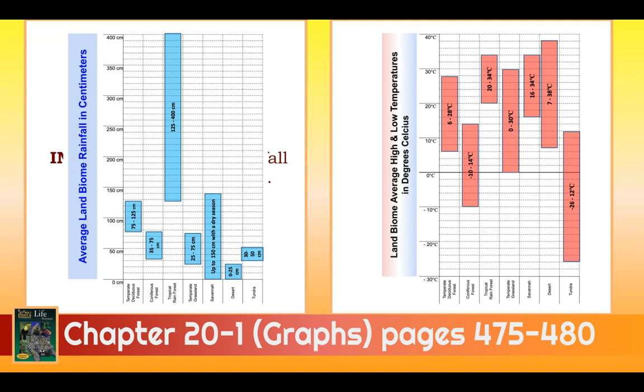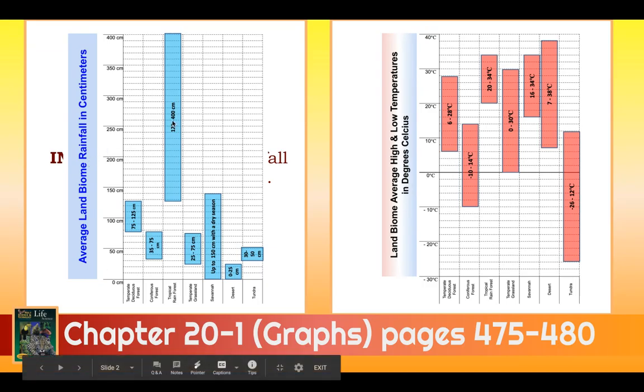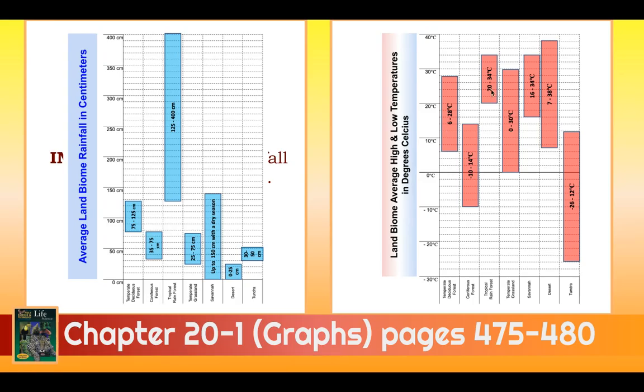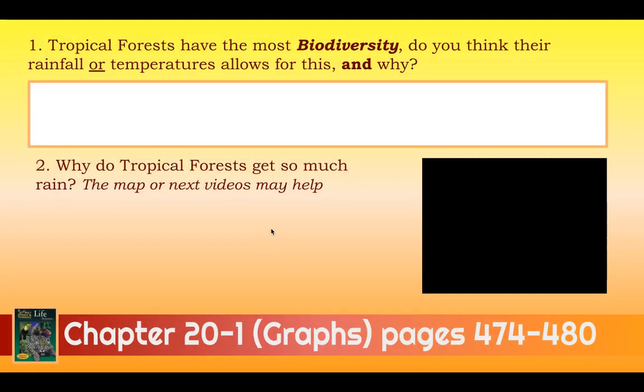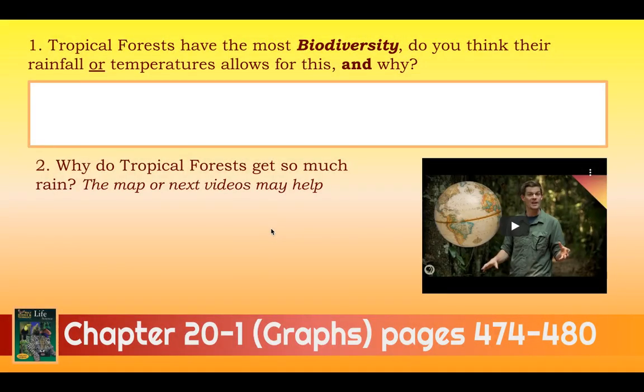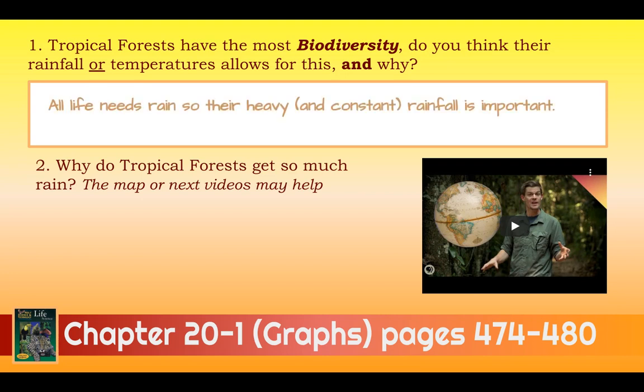What we can see right away is that the tropical forest has a ridiculous amount of rain, but also the smallest temperature band. So it's biggest and smallest, depending on the category. And that really answers question one. It's both things. Now, biodiversity is the number of different kinds of living things found in an area, and tropical forests on land have the most because life needs water, and they have the most water consistently.